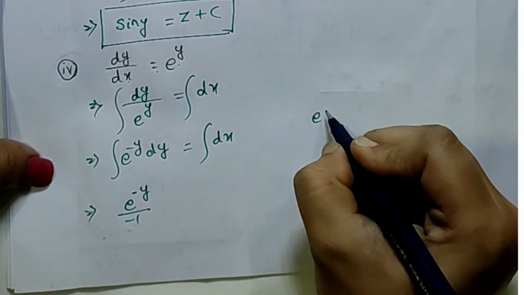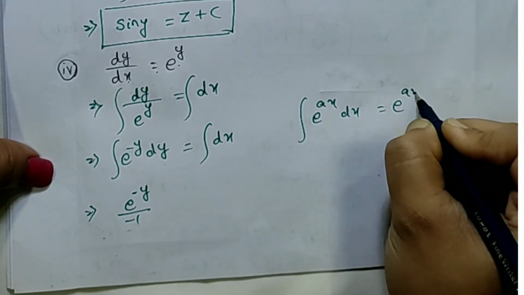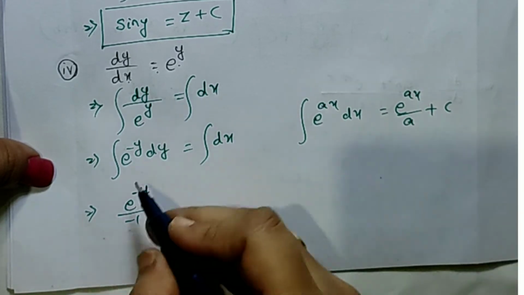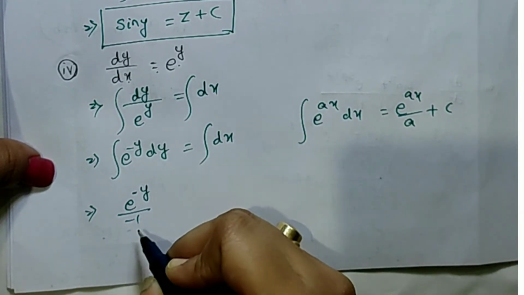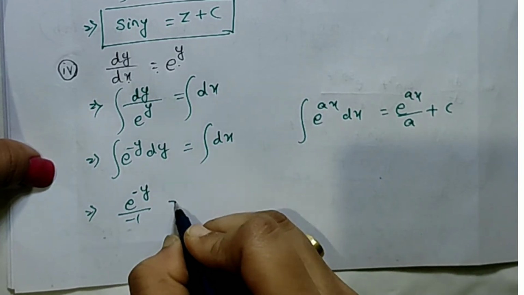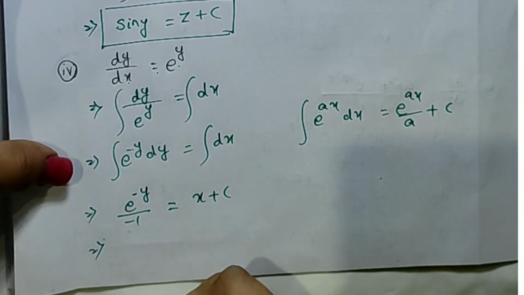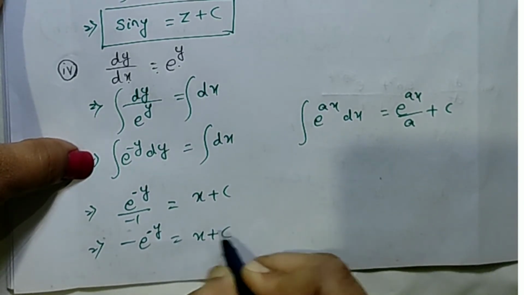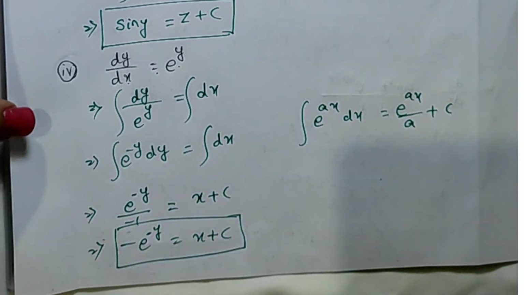The integration of e power ax dx is e power ax by a plus c. In this term a will be minus 1, so e power minus y by minus 1 is equal to x plus c, or we can write minus e power minus y is equal to x plus c. This is our general solution.